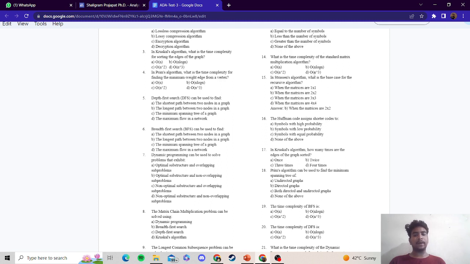So order of n to the power 3 is the right answer. In Strassen's algorithm, what is the base case for the recursive algorithm? The answer is a matrix of 2x2.